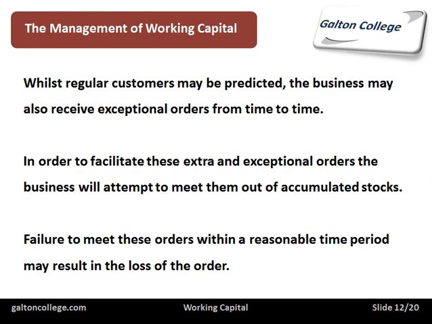But how many should they keep in stock? That's the problem, and that's where the management of working capital is so important. Management accountants will give estimates of how many, but really it bubbles down to sophisticated guesswork.